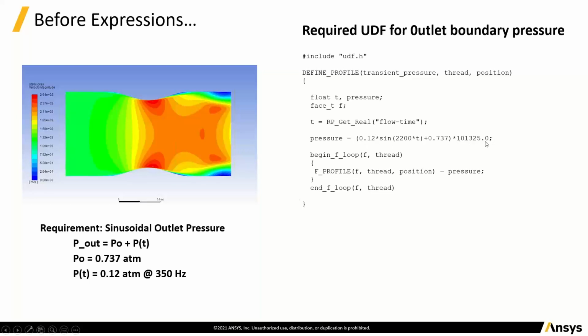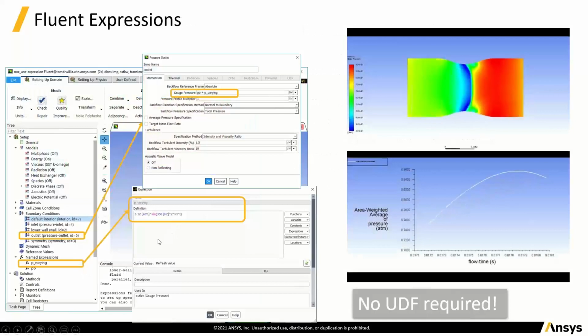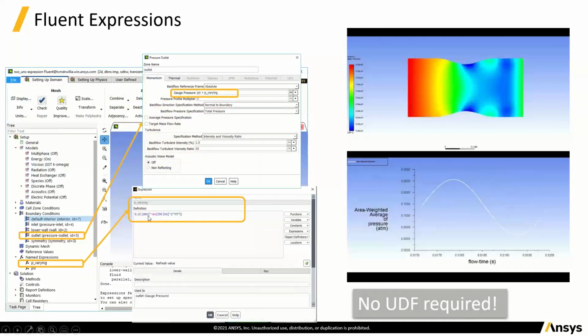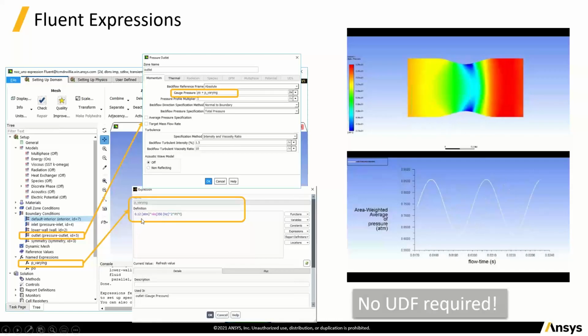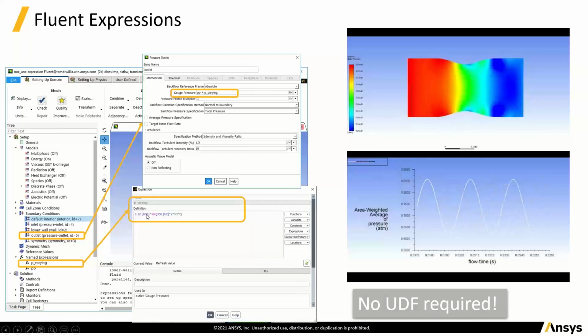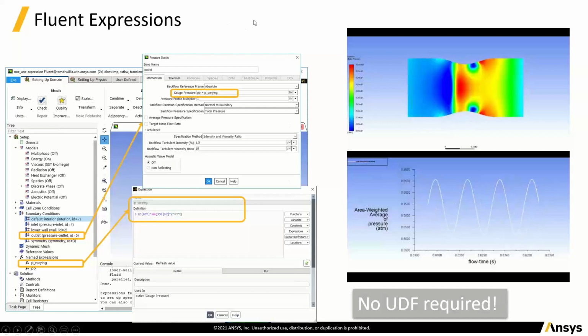So you'll notice that the atmospheric pressure has to be spelled out here, whereas in the expression here, we can just use atmosphere and let it get translated automatically.